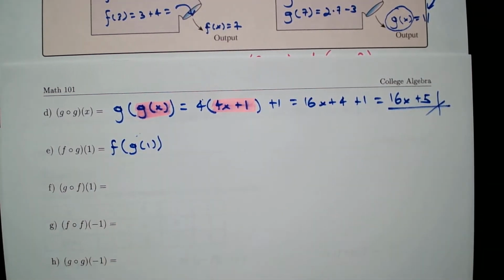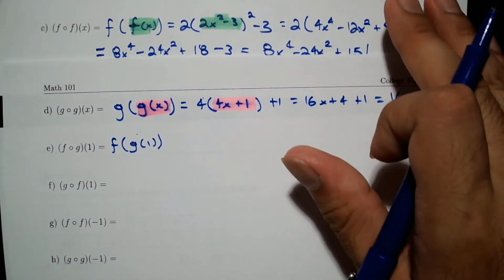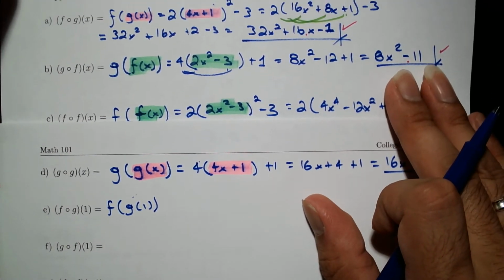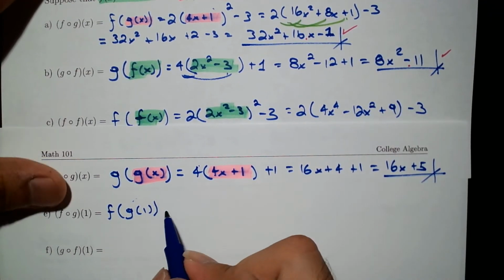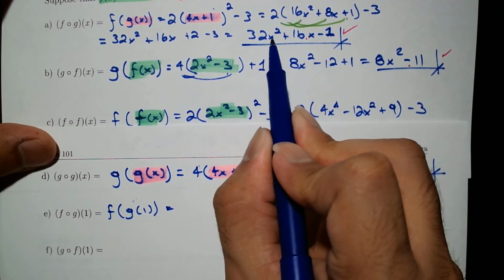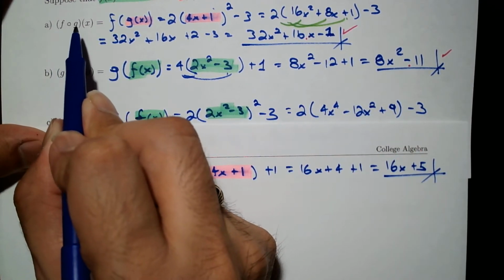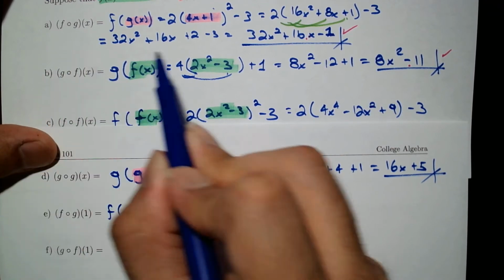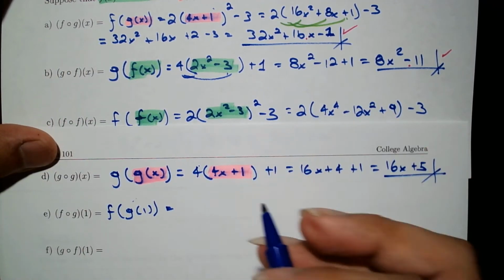So in this case, we don't have to do each composition at a time because we already did that on the previous page. So let me use that as a reference. So in this case, we are going to evaluate this function, which is f composite g or f bubble g, and just evaluate that at 1.